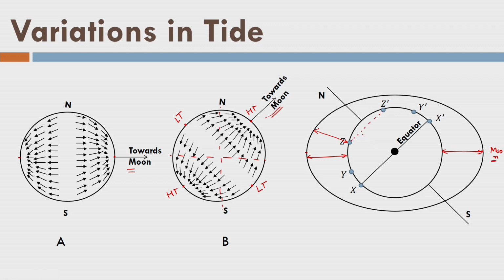You see, this is my parallel of latitude here. And Z and Z dash are both located at the same parallel of latitude. What will happen here? This is the tide level, which is quite low compared to this level.